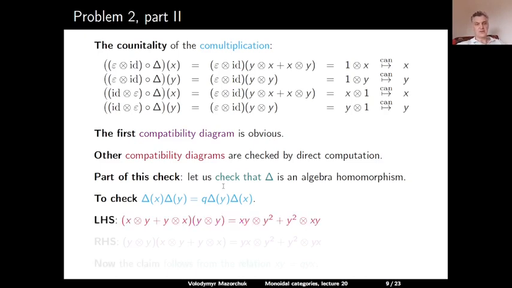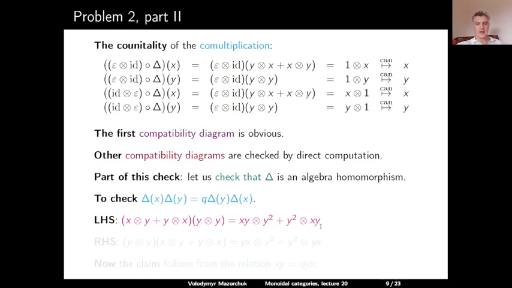So let's check it. So the left-hand side here, using our formula, delta of x is x tensor y plus y tensor x, and delta of y is y tensor y.